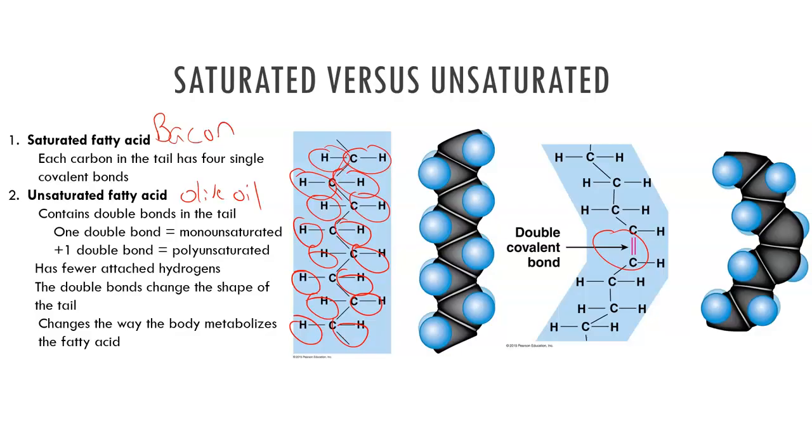Then you do have some things where you may go into the grocery store and may have heard the term hydrogenated. Hydrogenated is where you have an unsaturated fat, so it's going to be liquid at room temperature, but we want it to be solid. So they force a hydrogen into the double bond between the two carbons.